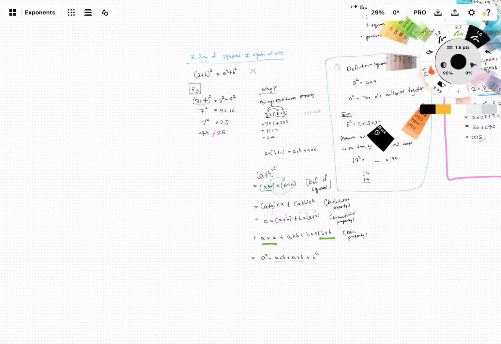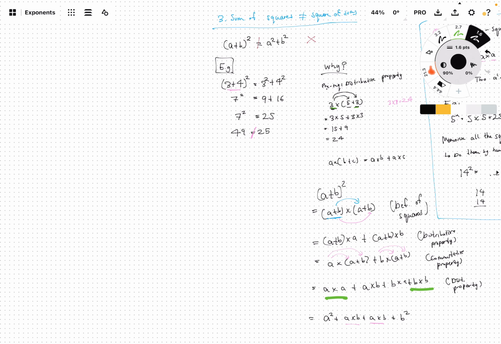So what this means is you can't take this shortcut. Do not take this shortcut. This is a very common trap. Right? Don't fall for this trap. You don't understand the countless amount of papers I've read where people go, oh, 10 plus 1 squared, that's 10 squared plus 1 squared.